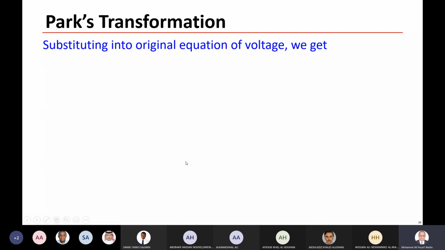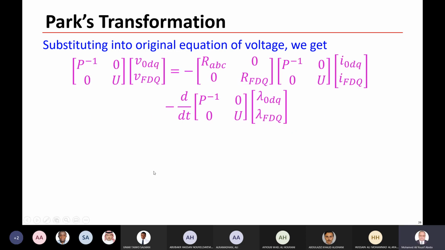Substituting into the original equations of voltage, if you still remember the first KVL equations written at the beginning, you can replace the voltage ABC by this 0DQ here, and also the currents IABC can be replaced by this, and the flux linkage also can be replaced by this.